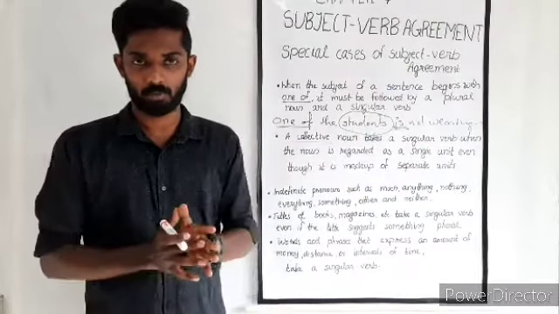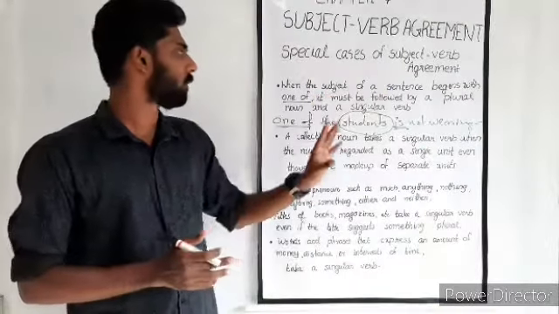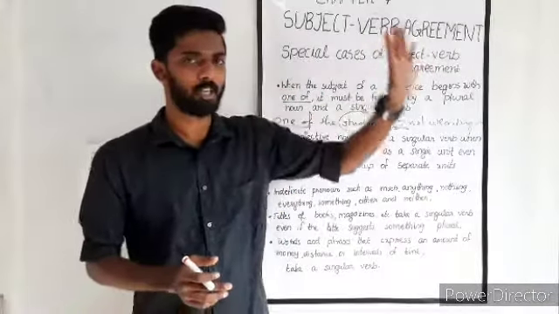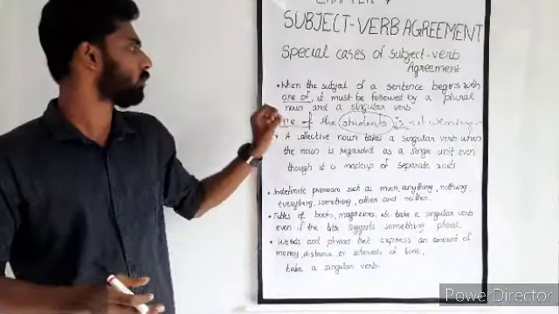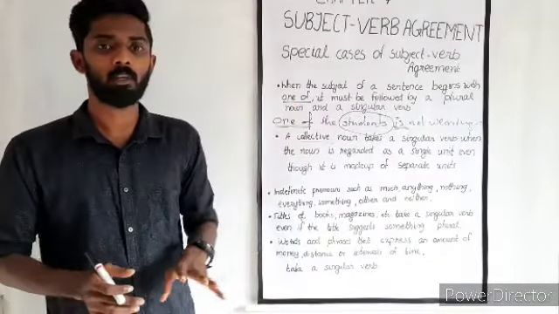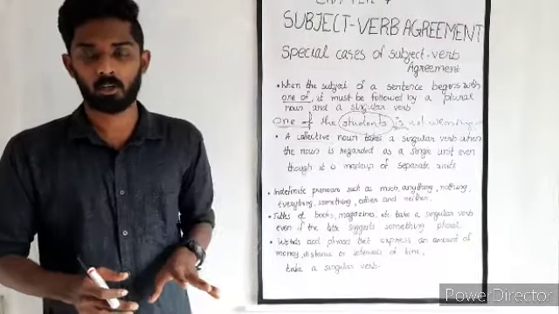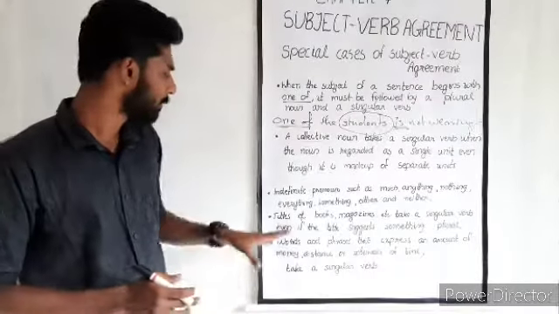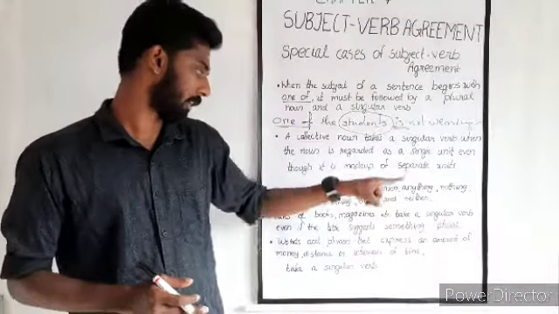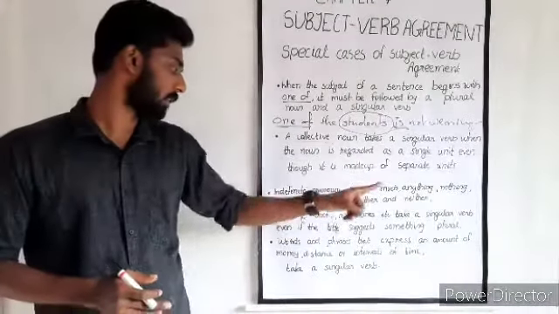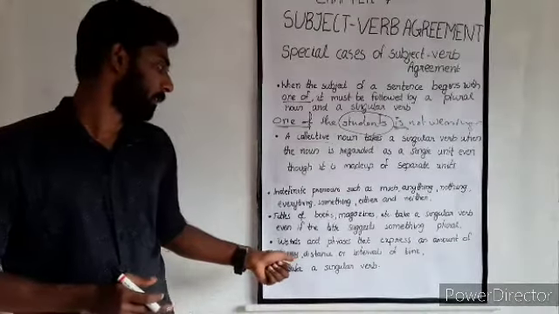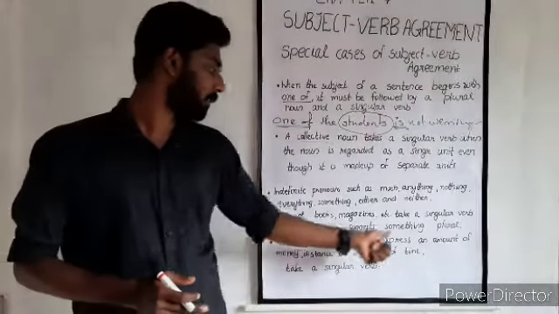So this is all about it. And we'll see what are the things which we have learned. We spoke about the special cases of subject-verb agreement, and the things to keep in mind, like where and when we have to use a singular verb form. That is, definite and indefinite pronouns such as much, anything, nothing, everything, something, neither, titles of books and magazines, and amounts of money, distance, and intervals of time.